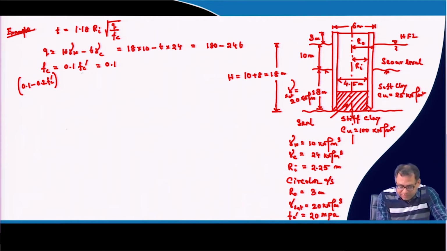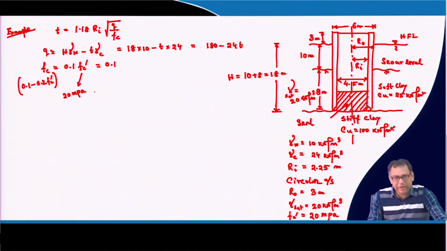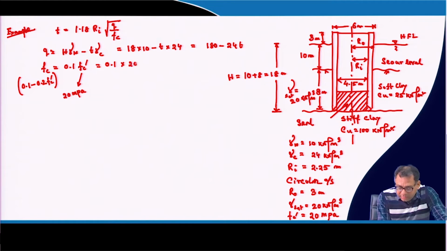So, Fc is 0.1 times 20,000 kPa, which is equal to 2000 kilonewton per meter square, or 2 MPa.